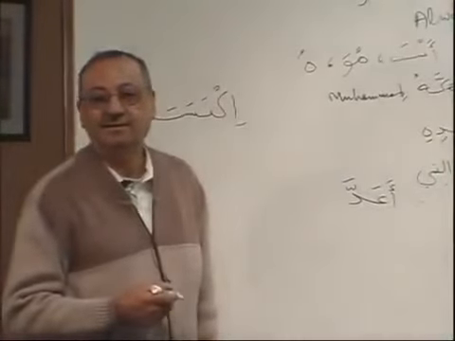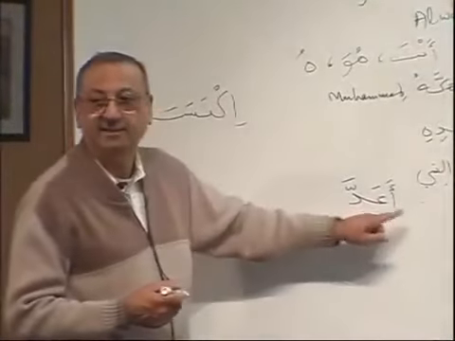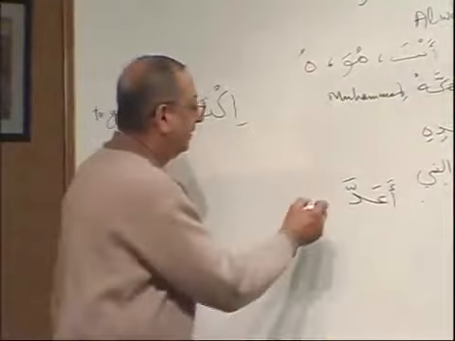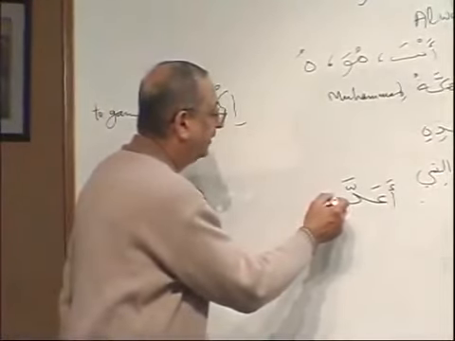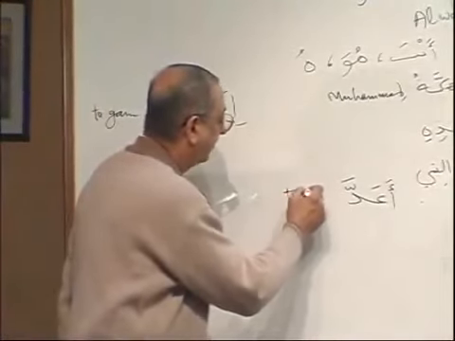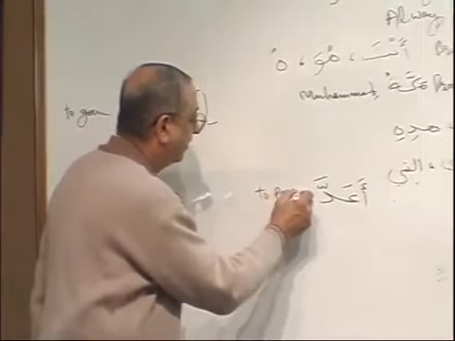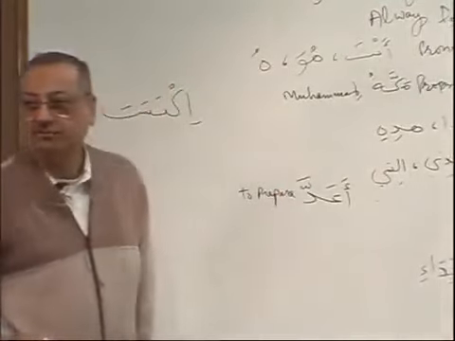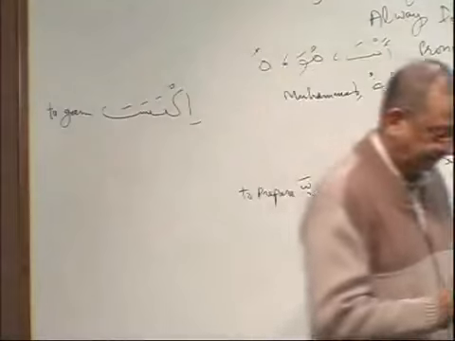This comes from adda and then adda. To prepare. This verb comes quite often in the Quran, brother. Allah has prepared Jannah for the Mu'mineen and Jahannam for the Kafirin.